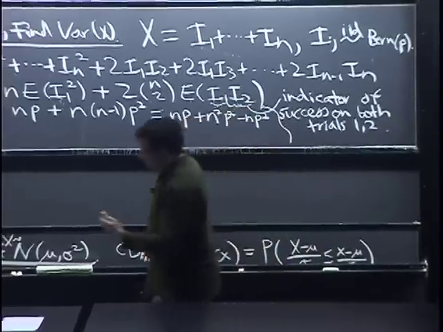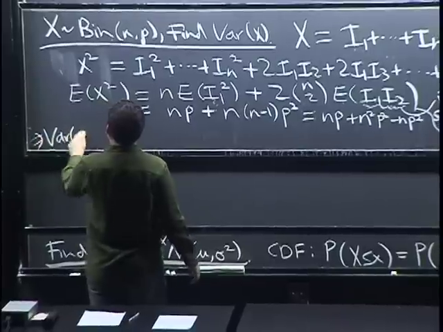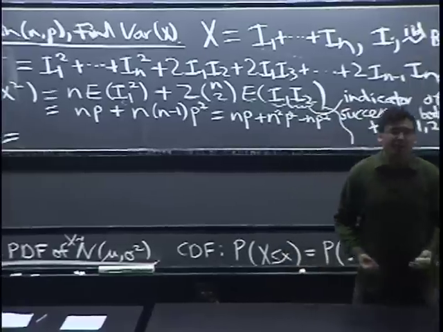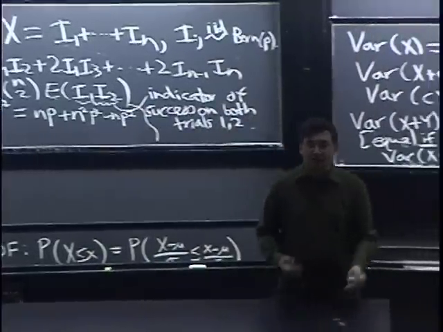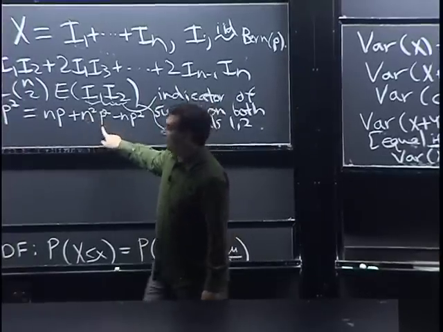Now, to get the variance, all we have to do is subtract the square of the mean. Okay, so we showed before that a binomial n, p has mean n times p. So if we square that, that's this term, n squared p squared, so that cancels.